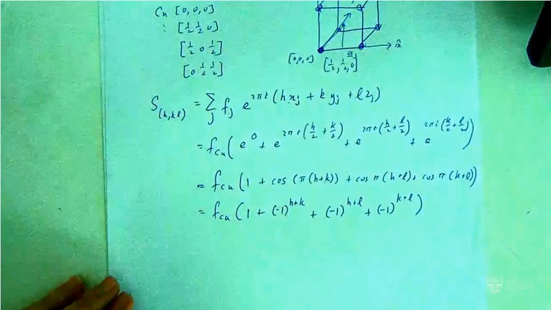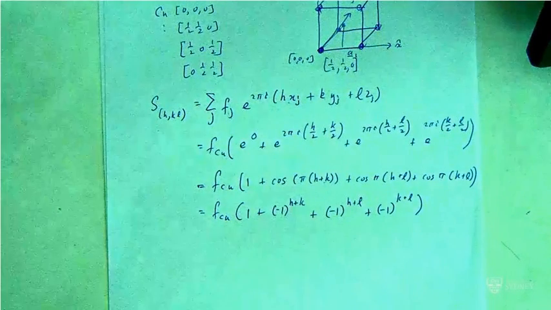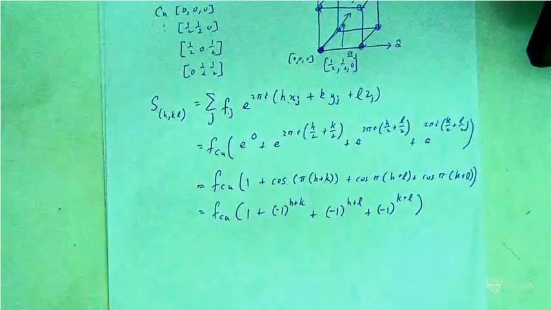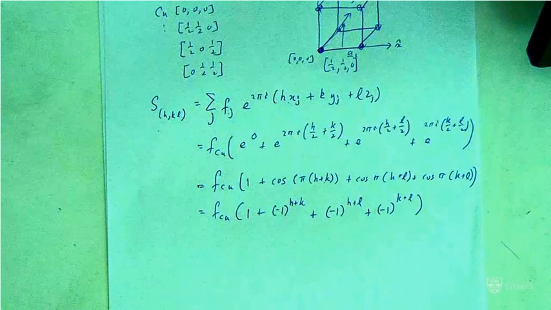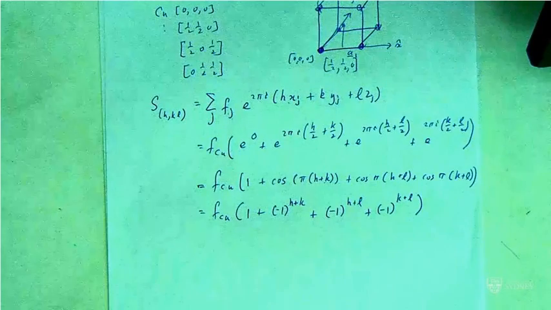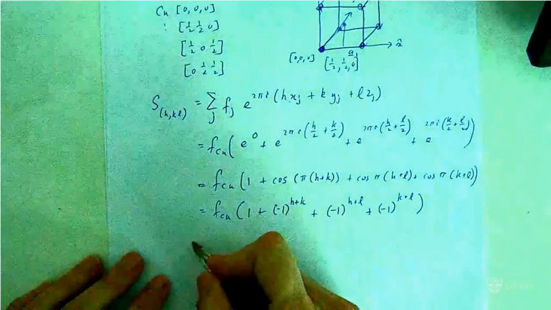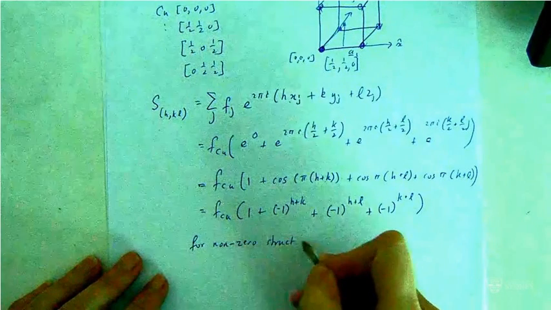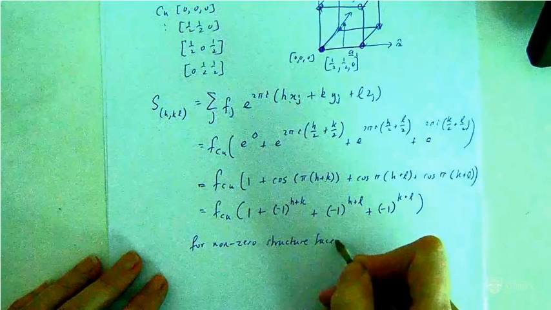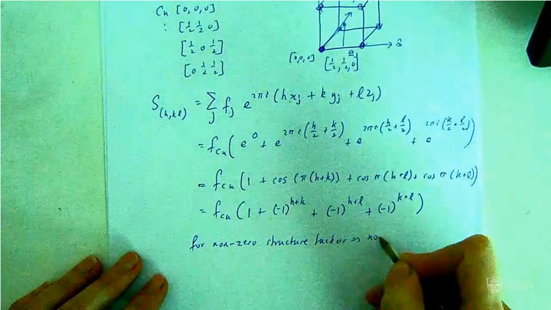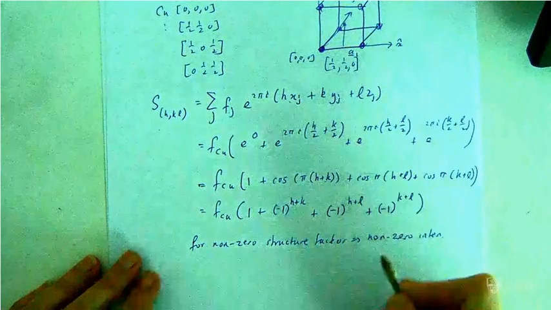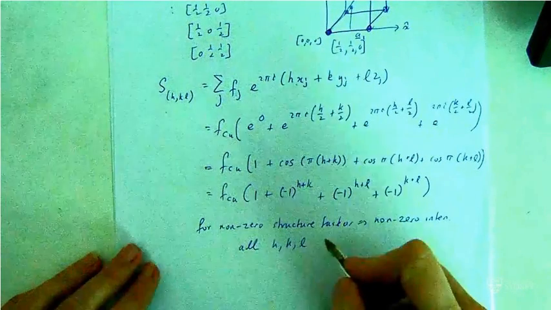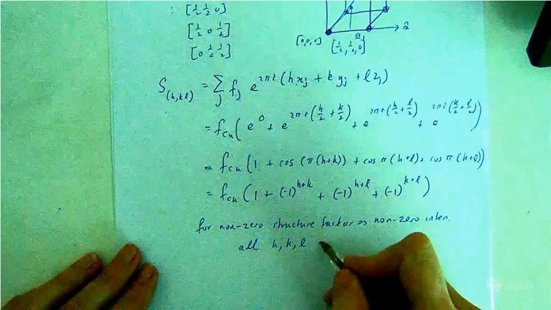So when we look at that and think about it, we can see that if we want a non-zero intensity, then this thing has to not go to 0, which means for a non-zero structure factor and non-zero intensity, we need to have all of H, K, L must be, does anybody know?